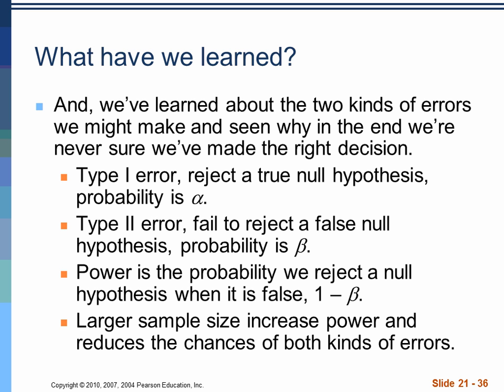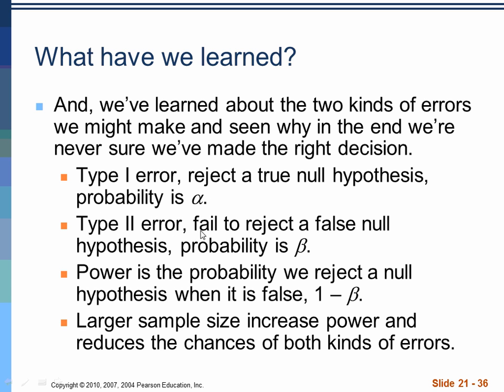Type 1 error is where you reject a true null hypothesis. The probability is alpha.